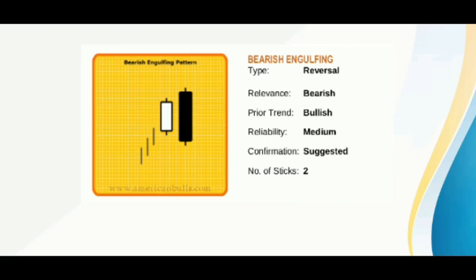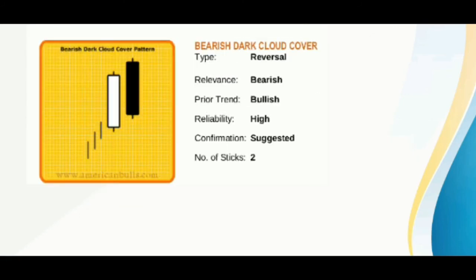Next candlestick is bearish dark cloud cover. Bearish dark cloud cover pattern is a 2 candlestick pattern signaling a top reversal after an uptrend or at times at the top of a congestion band.